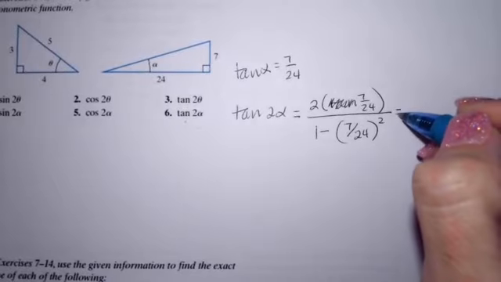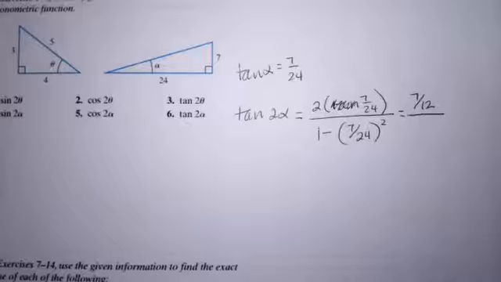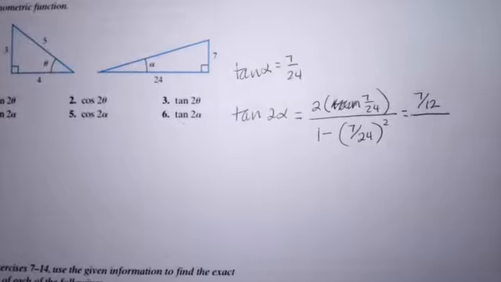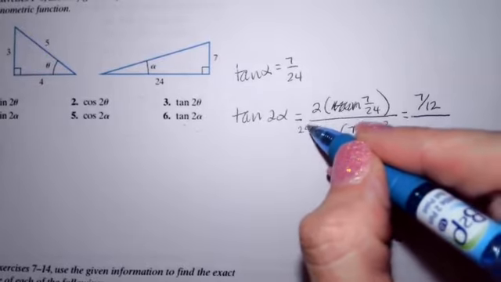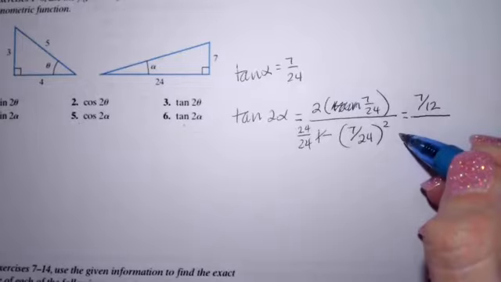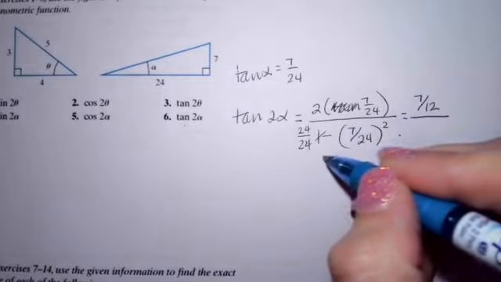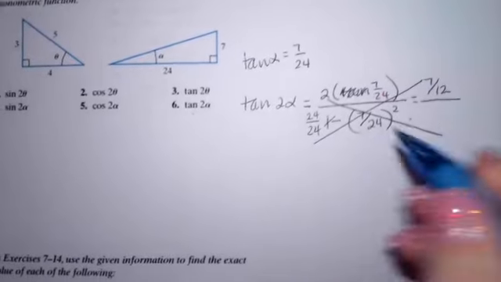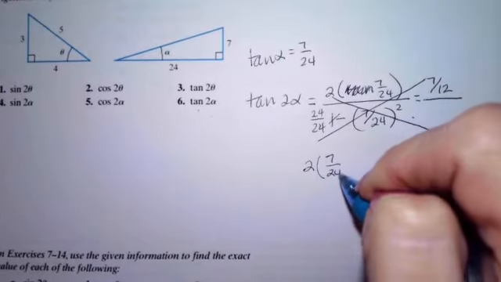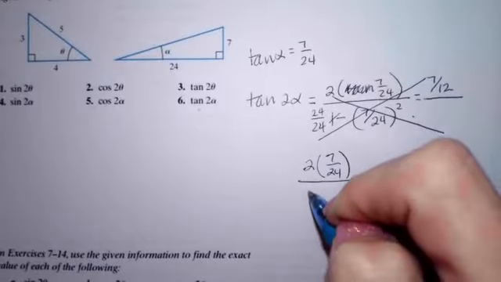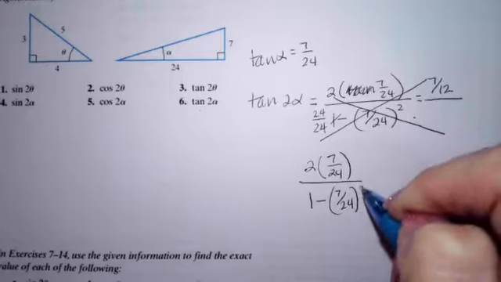So then this ends up giving me 7 over 12 in the numerator. And in the denominator, this is the same as 24 over 24, but I just realized and remembered that's part squared. So I'm going to scrap this real quick and start over. So I've got 7 over 24 all over 1 minus 7 over 24 squared.